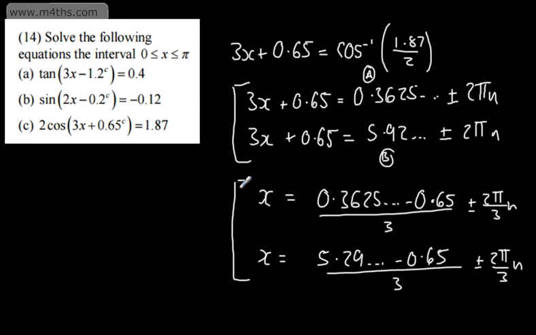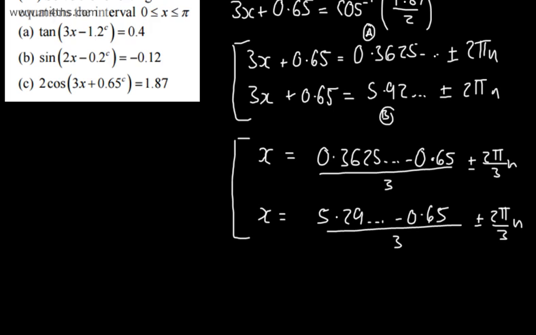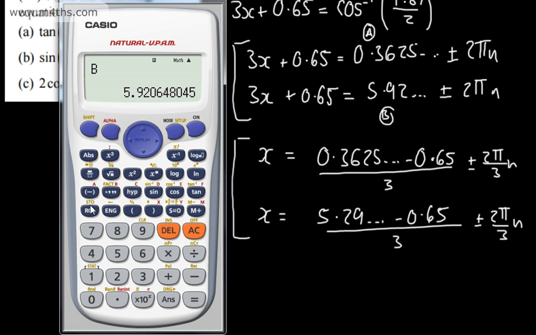So let's go ahead and do that. We're interested in this between 0 and pi. So what we'll have then is, recall a, minus 0.65 divided by 3, and that's going to give me this value right here. I would write that down in an exam. X is equal to that plus or minus 2 pi by 3.